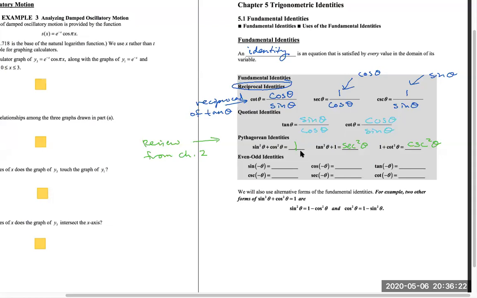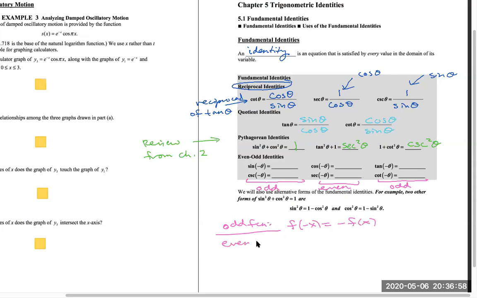And then even and odd identities. This group at the end is odd functions, and the group in the middle is even functions. So remember, if you have an odd function, when we take the function f and plug in negative x, we expect to get negative f of x out.